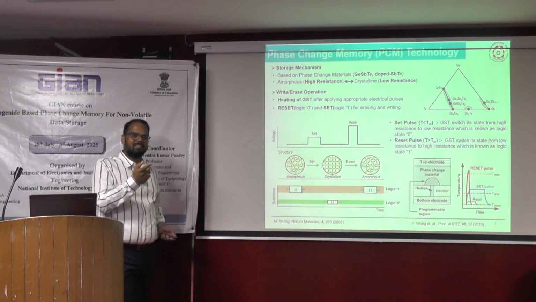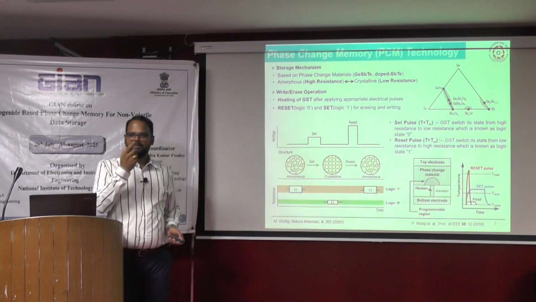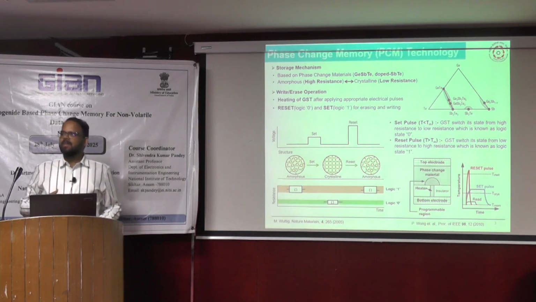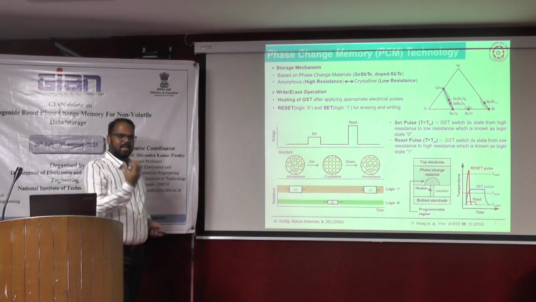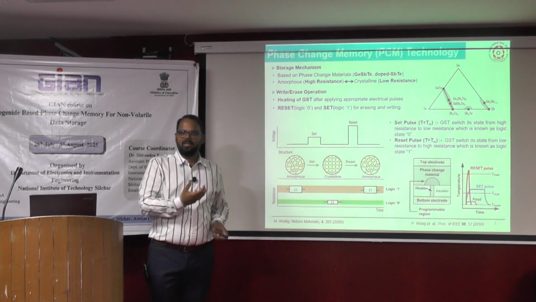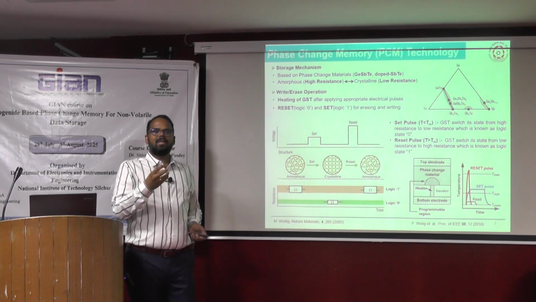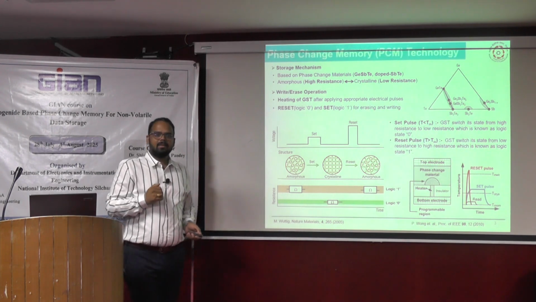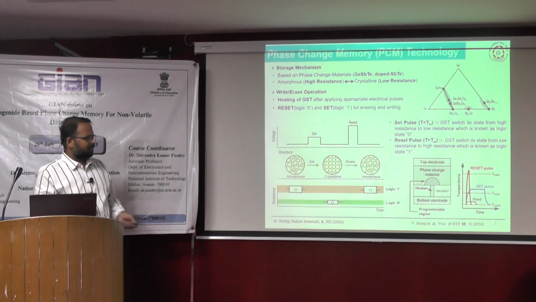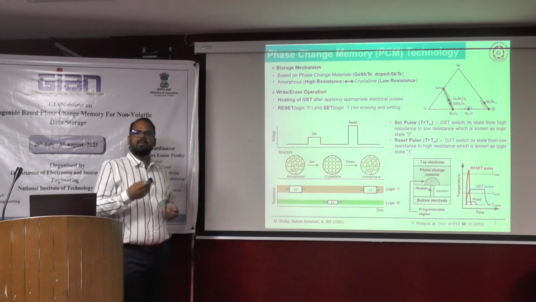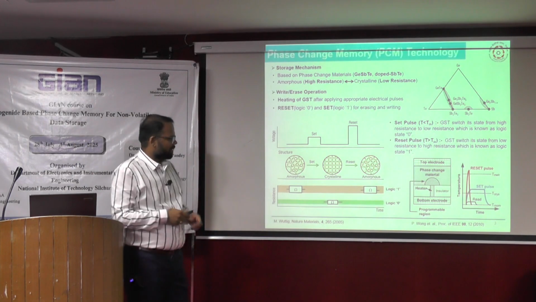Why will amorphous show high resistance? Because it is disorganized, the atoms are disordered. So when you provide a small read pulse, you will get a high resistance. Similarly, we can identify electrically how we can do that, this programming aspect.